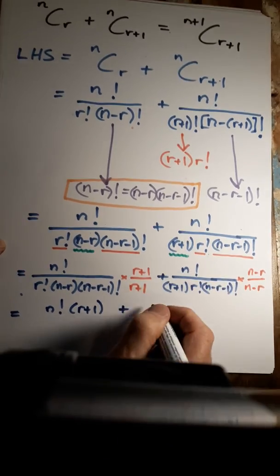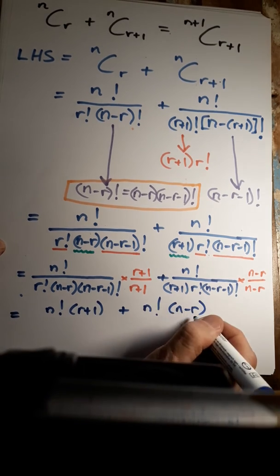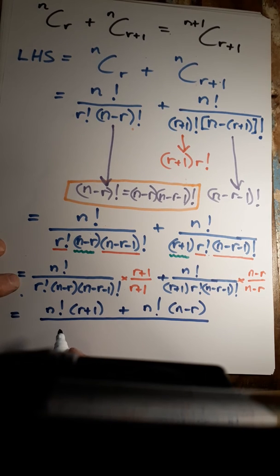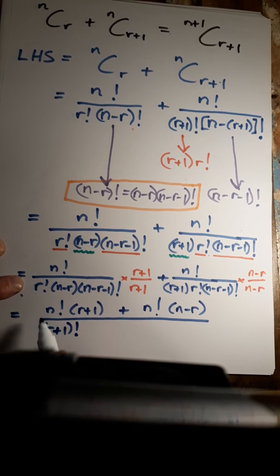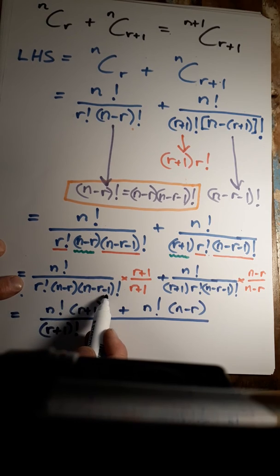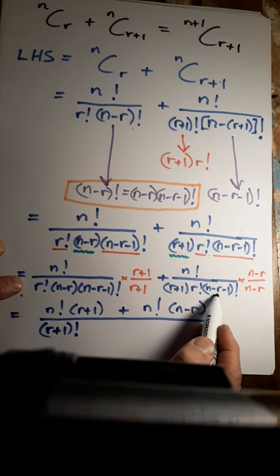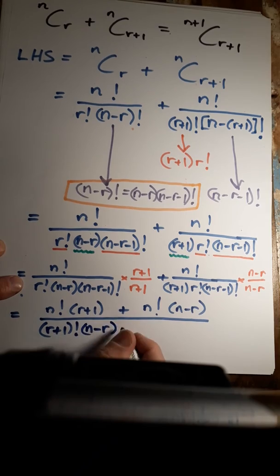We've got n factorial here times n minus r. And the common denominator is r plus 1 factorial, because r plus 1 times r factorial is r plus 1 factorial. N minus r times n minus r minus 1 factorial is just n minus r factorial.